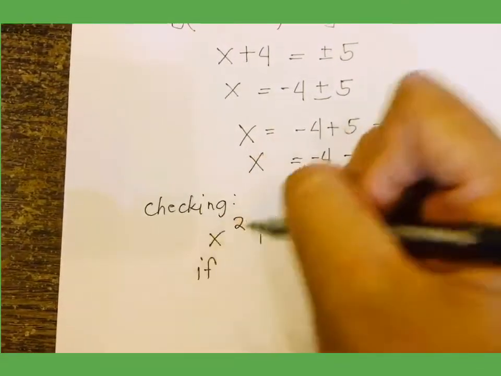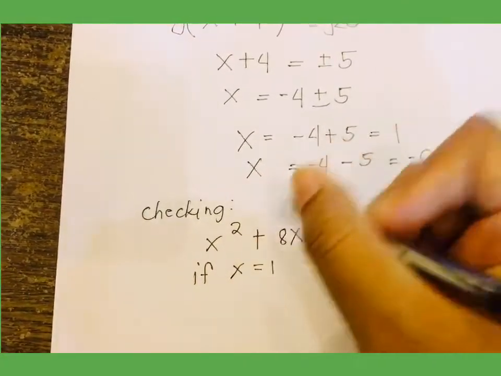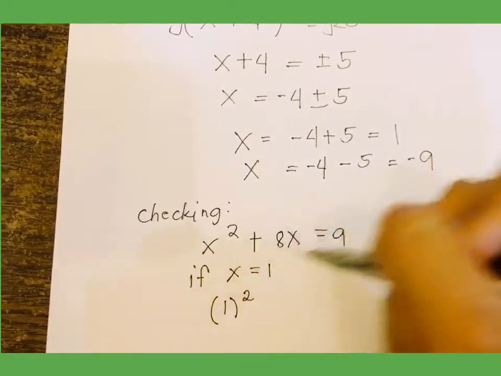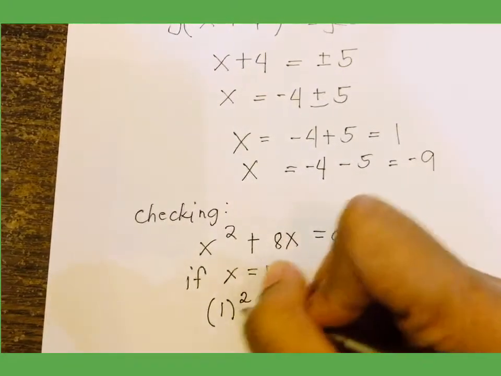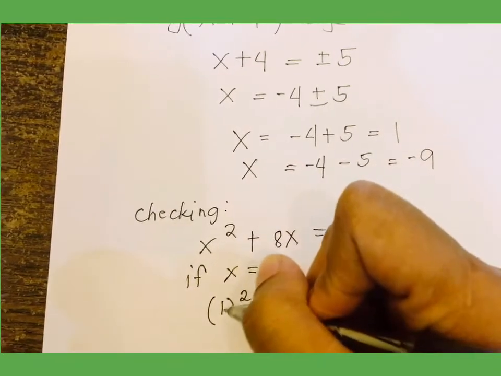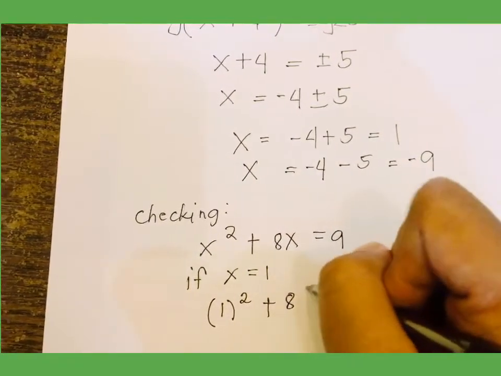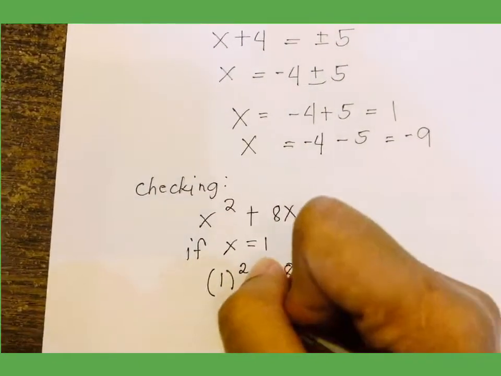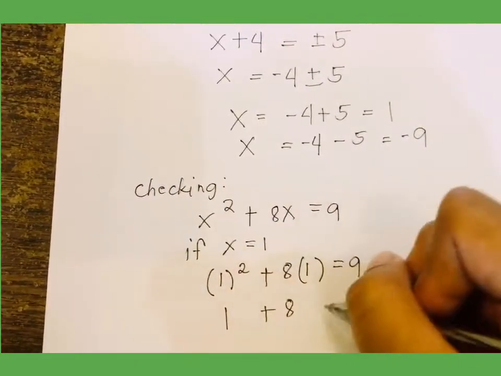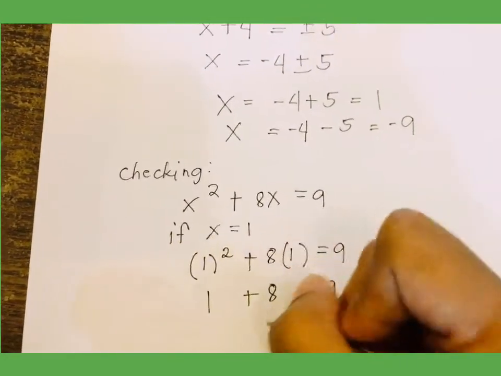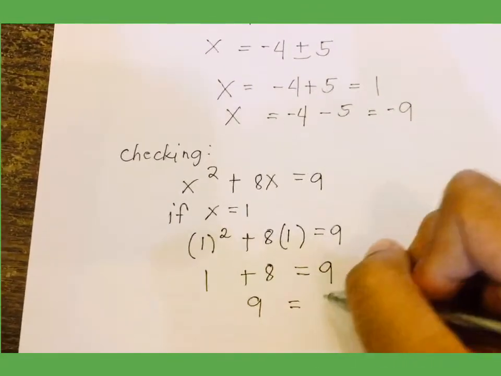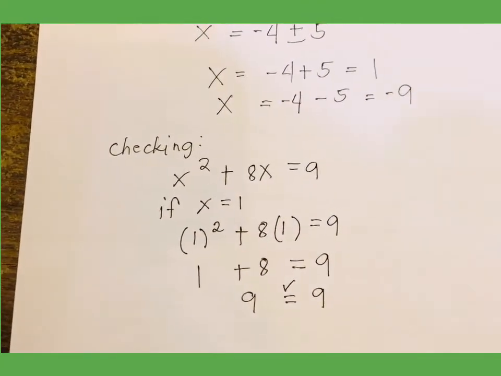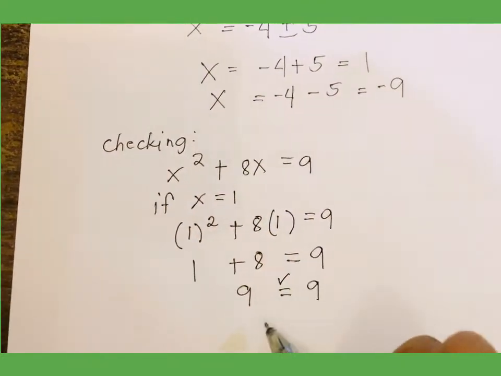So if x is equal to 1, we substitute 1 for the variable x, and that becomes 1 squared plus 8 times 1 equals 9. 1 times 1 is 1 plus 8 equals 9. So 9 is equal to 9. Therefore, 1 is a solution to this equation.